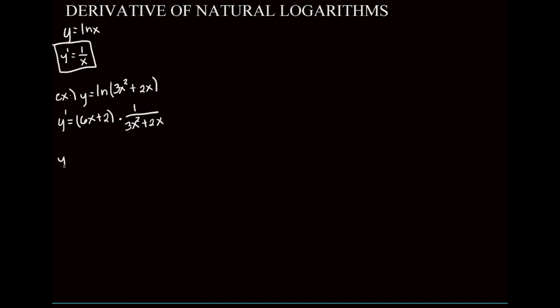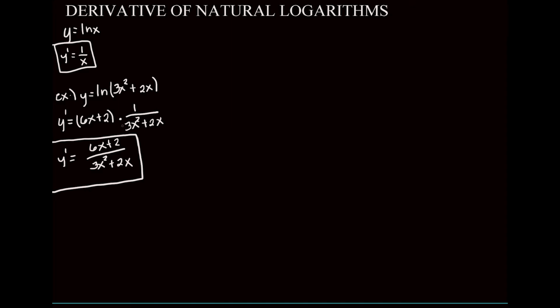We're just going to have y prime, which is therefore equal to 6x plus 2 over 3x squared plus 2x. Easy, right?